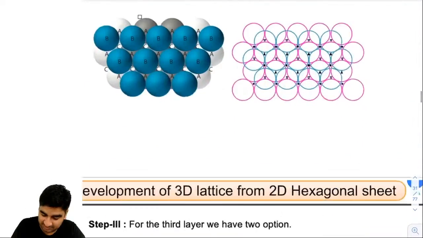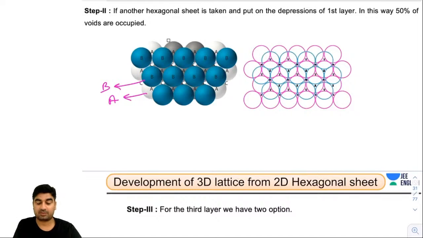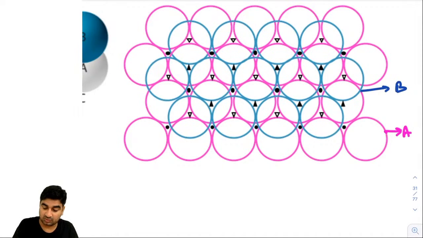So you can understand it from here. If this is layer A, this is layer B, and we are putting layer B exactly over the voids of A. You can observe that I'm placing the B over this. So this is AB type layering style. Why? Because I'm placing the second layer over the voids of the first layer.